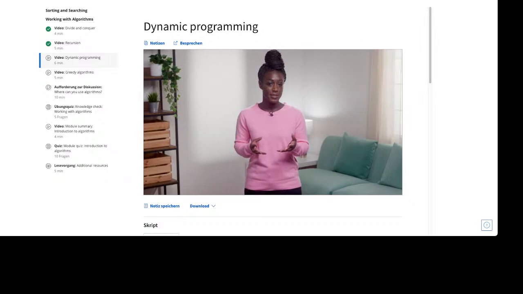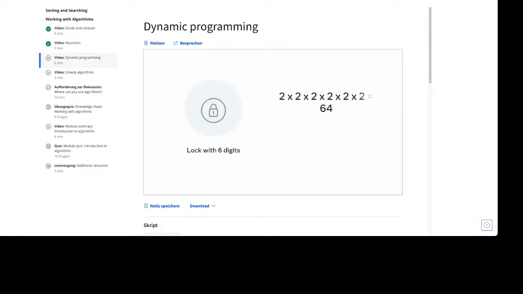To exemplify this, consider the question posed in the video about binary numbers. How many combinations were possible with a binary lock of 6 digits? In a previous video, it was shown that you can discover this through exponentiation or finding the power of a number. So the same lock with 6 digits would have 2 to the power of 6 or 64 combinations.